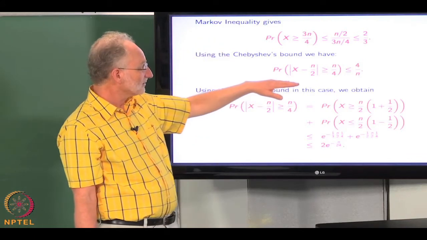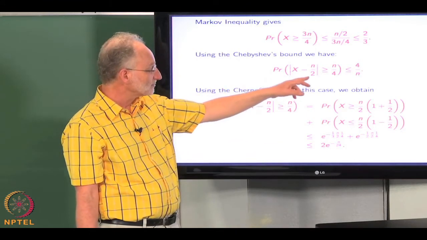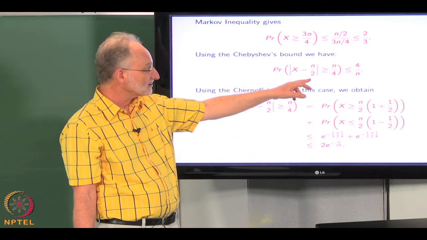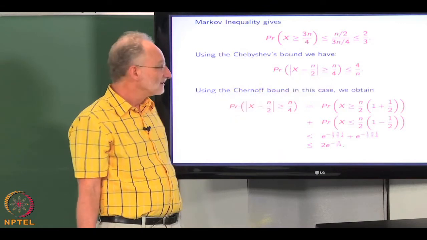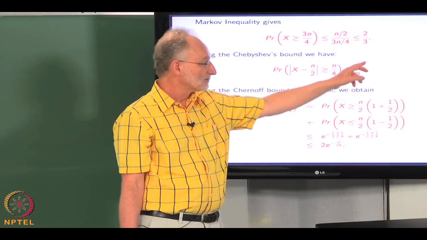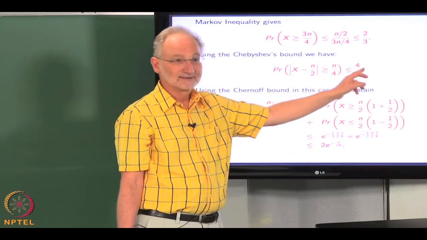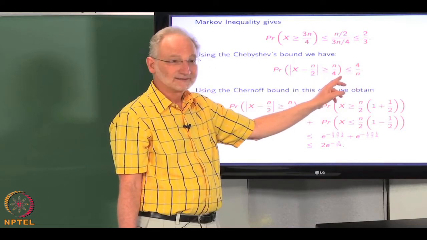If we do Chebyshev, the probability that we deviate from the expectation by n over 4, if you remember Chebyshev, is bounded by the variance divided by this deviation squared.